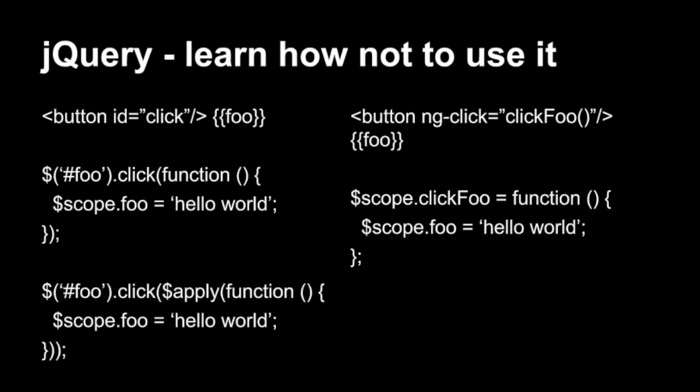So on the right-hand side, if you want to write a test, when the click foo function is invoked, I expect that the foo property on the scope object is set to the value hello world. So on the left-hand side, you have to have a DOM, which is a complicated thing to have in a test. So now this test has to run in a browser, which means it's going to run slower. Whereas on the right, it could run in the browser, or you can run it in Node.js, or you can run it wherever. But now you have to have a browser present, and that slows down your test quite a bit.